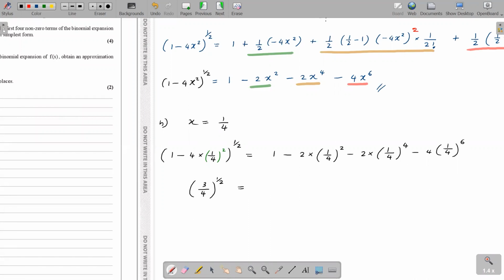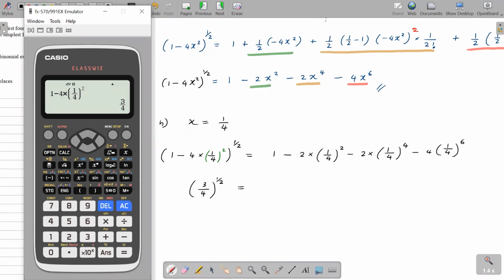Can you all type the other part inside the calculator? Better if I have it: 1 minus 2 into 1 over 4 to the power 2 minus 2 into 1 over 4 to the power 4, right?